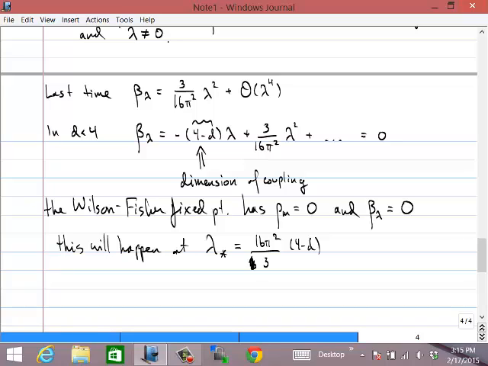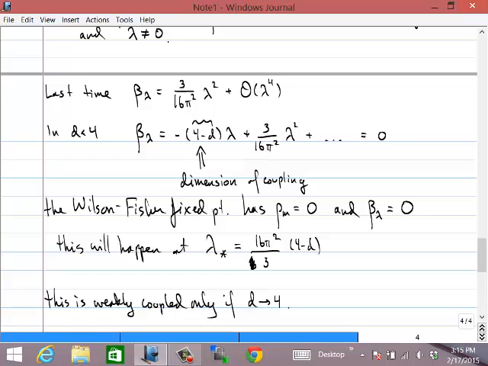Okay? So this is not a weakly coupled fixed point unless d is very close to 4. Now, 3 is not particularly close to 4, so the value of lambda at this fixed point is not small. So that means that you can't use perturbation theory to study this fixed point, at least not standard perturbation theory.